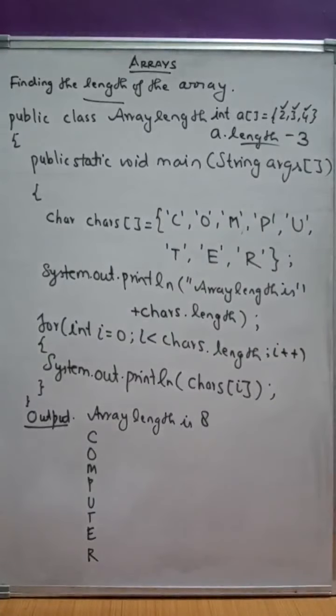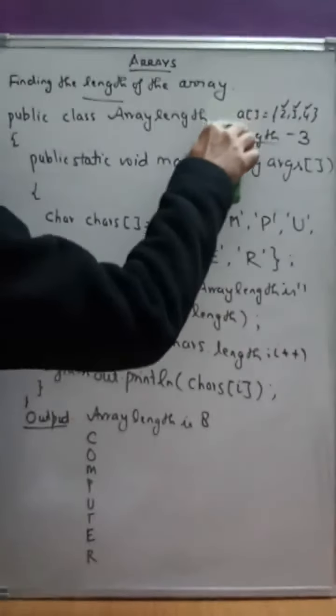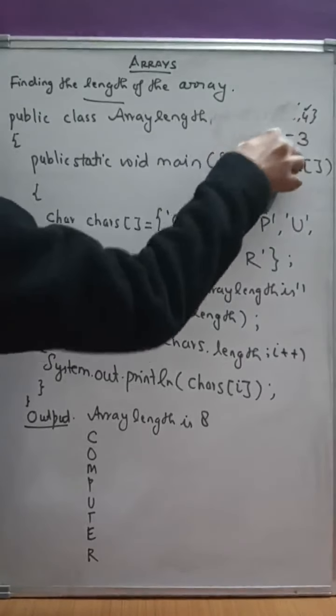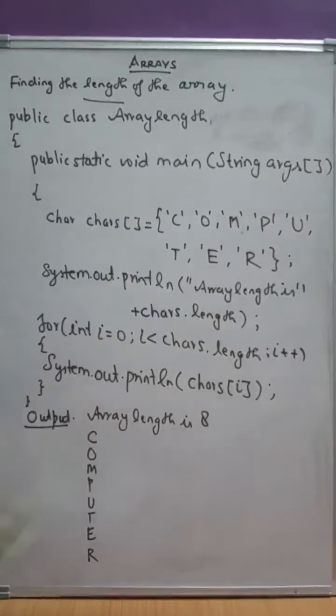Okay. Now this was the basic concept about finding the length of the array. Now we will be discussing a program in which we will first find the length of the array, and then we will print all the characters that are there in the word computer.